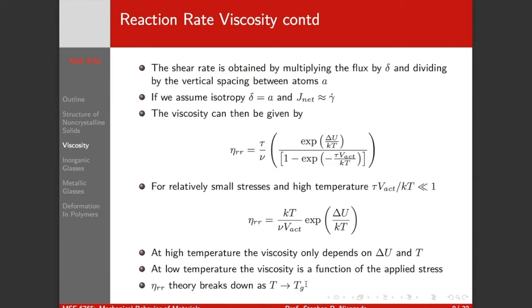So the applicability of this model is above the melt temperature, well, it's still valid above the glass transition temperature and higher. And it's also going to depend on the stress. Right? For very high stresses, this is going to break down.